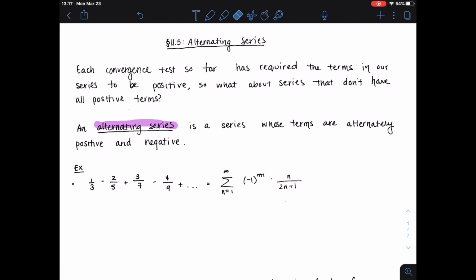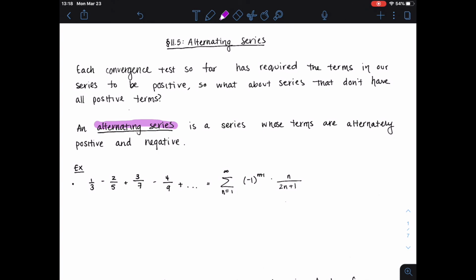Because I'm picking it to start at n equals 1, you have to have negative 1 to the n plus 1, so when you plug in 1, you get a positive term. The numerator starts at 1 and just increases. The bottom is an odd number, and one way we can write odds is 2n plus 1. If we plug in n equals 1, the denominator would be 2 plus 1, which is 3. Plug in 2, you get 4 plus 1, it's 5. 3 would be 7, and you get all of the odd numbers.